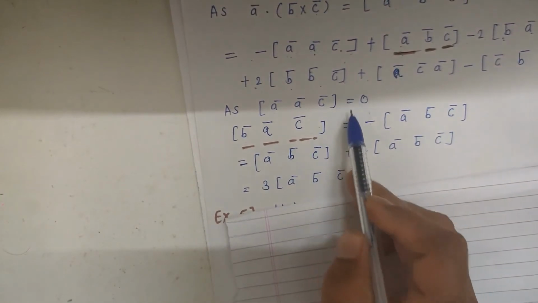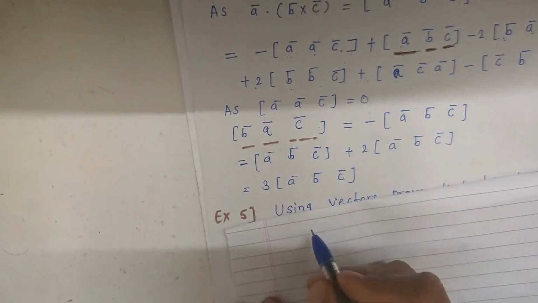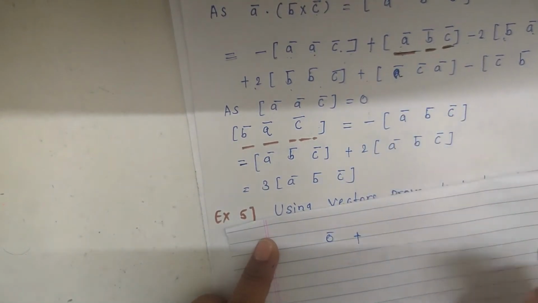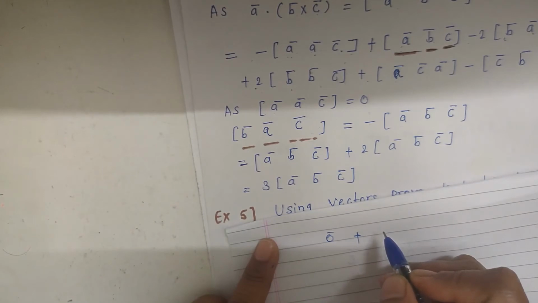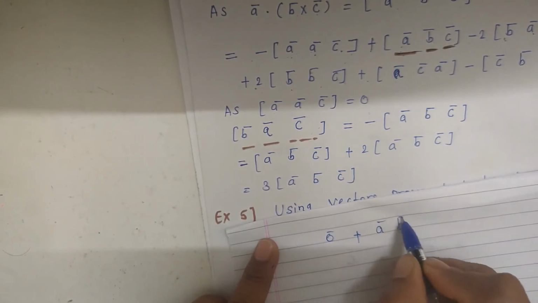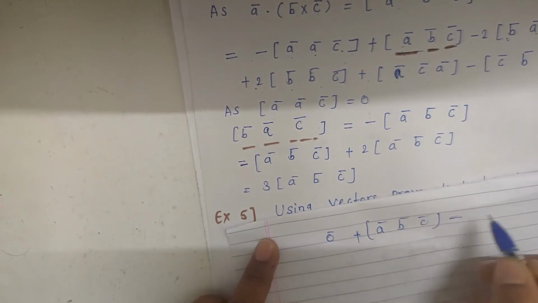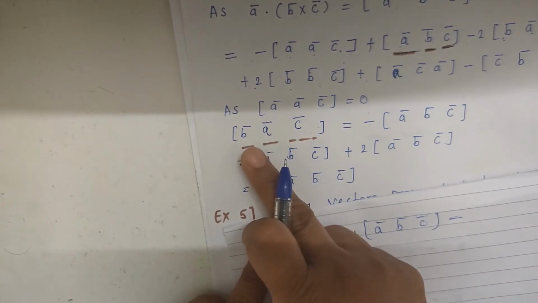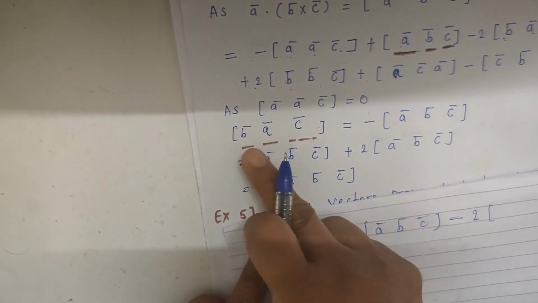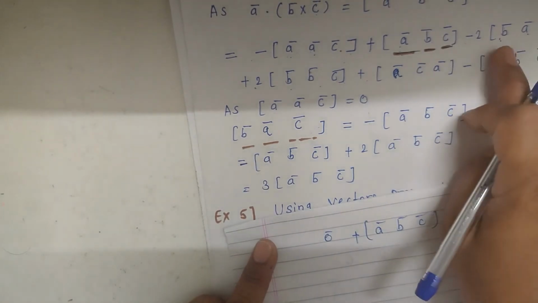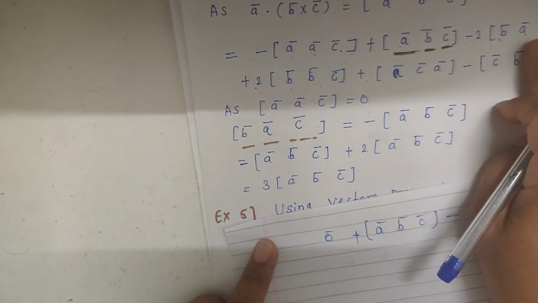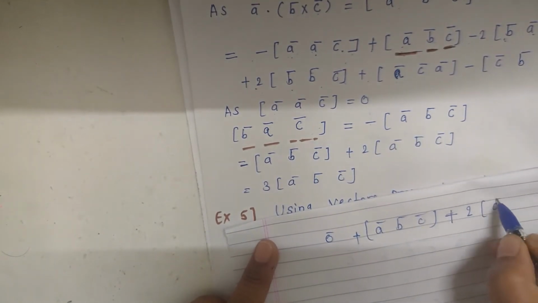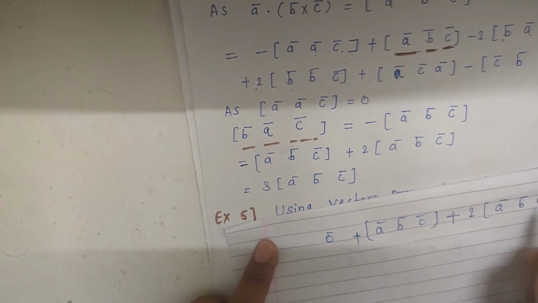So substituting these two values in the above steps, we get 0 bar plus a bar, b bar, c bar as it is, a bar, b bar, c bar, minus a bar b bar, minus 2 b bar a bar c bar. Instead of the box product of b bar, a bar and c bar, we can write minus plus a bar b bar c bar.